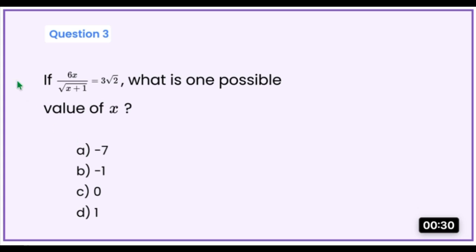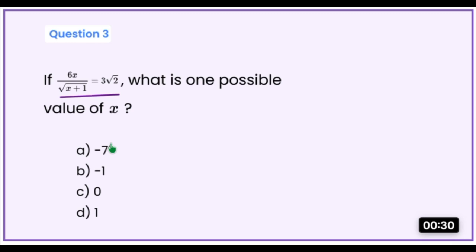I hope you have an answer. And now it's time for me to show you the solution. So we're given this equation and it looks a bit complicated. What I usually do for this type of question is trial and error. So I try out the options and see which one works.